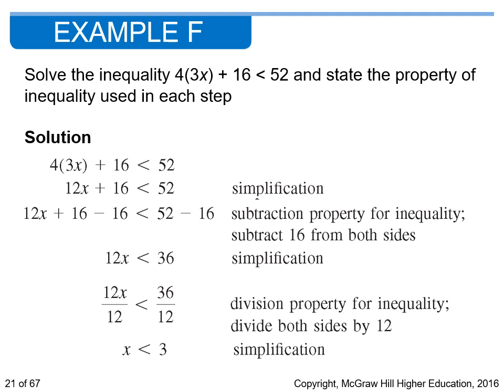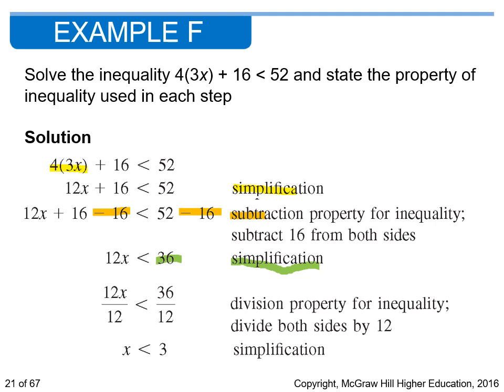Okay, so for step 1, we would multiply those two, and that is simplifying. On the next one, I would want to move the 16, so I'm going to subtract 16x, just 16, which is the subtraction property. On the next part then, 52 minus 16 is 36. That is simplification.